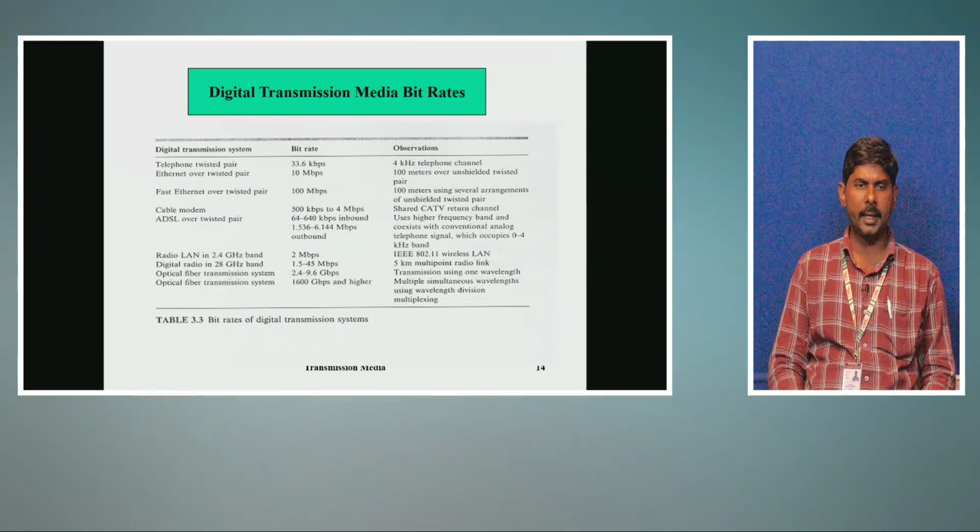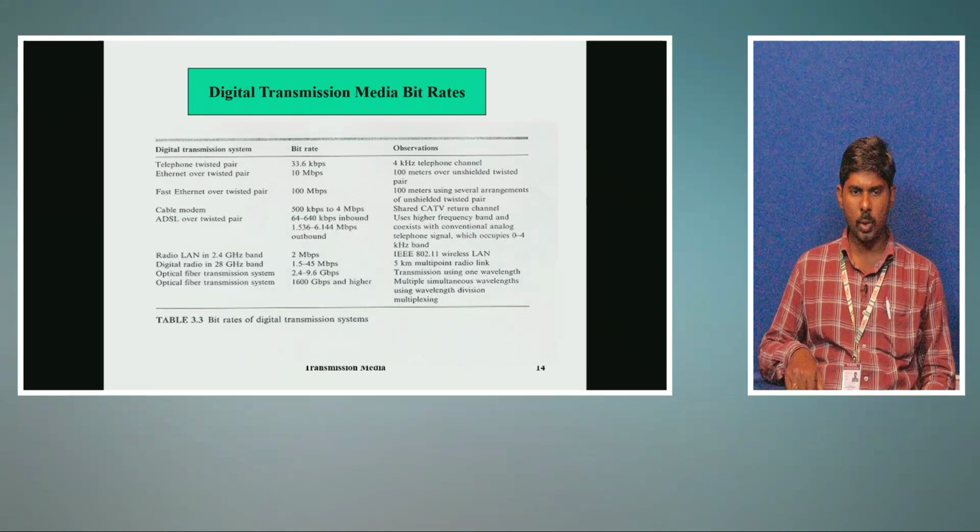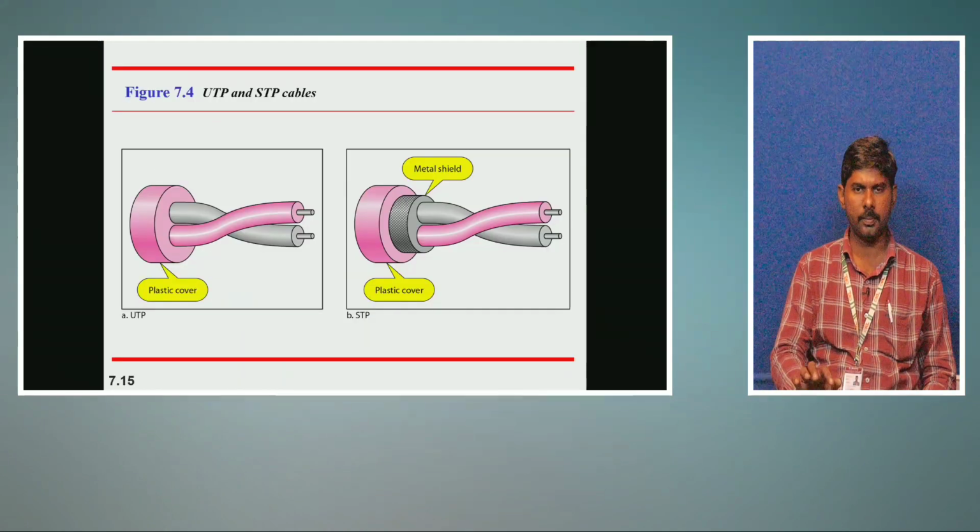Then ADSL or twisted pair cable or cable modem mostly 1.536 to 6144 Mbps. Then radio LAN 2 Mbps, digital radio 1.5 to 45 Mbps, and optical fiber cable, which mostly has a very high bit rate. So mostly we will prefer optical fiber cable.